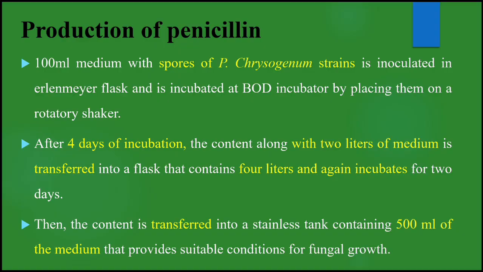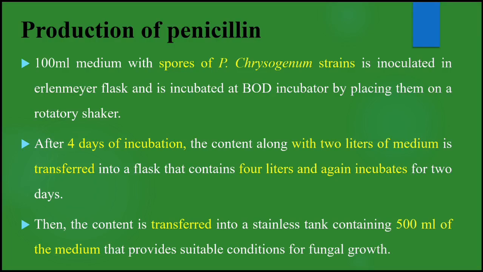Production of penicillin. 100 ml medium with the spores of Penicillium chrysogenum strains is inoculated in an Erlenmeyer flask and incubated in a BOD incubator on a rotary shaker. After 4 days of incubation, the content along with 2 liters of medium is transferred into a flask that contains 4 liters and incubated again for 2 days.